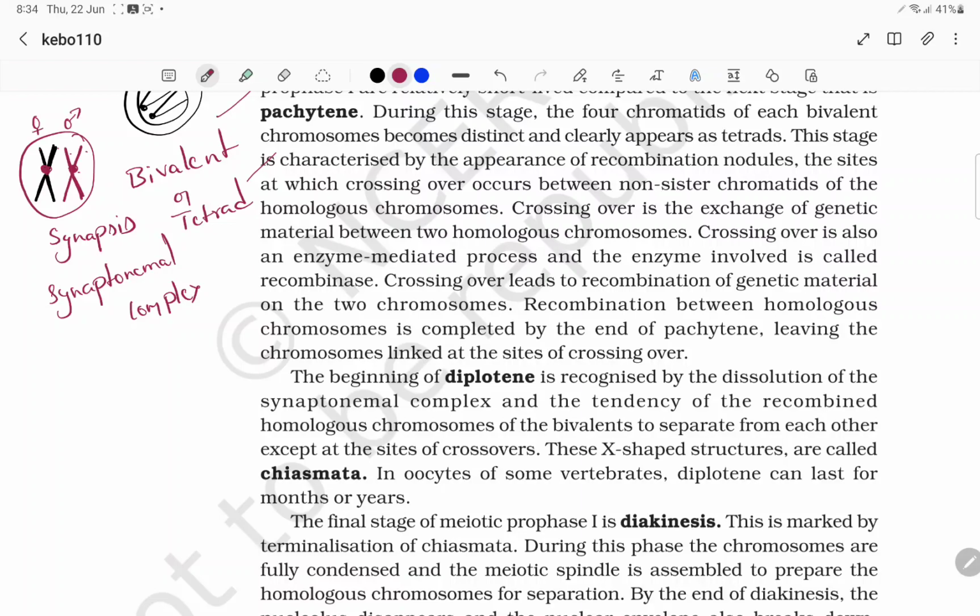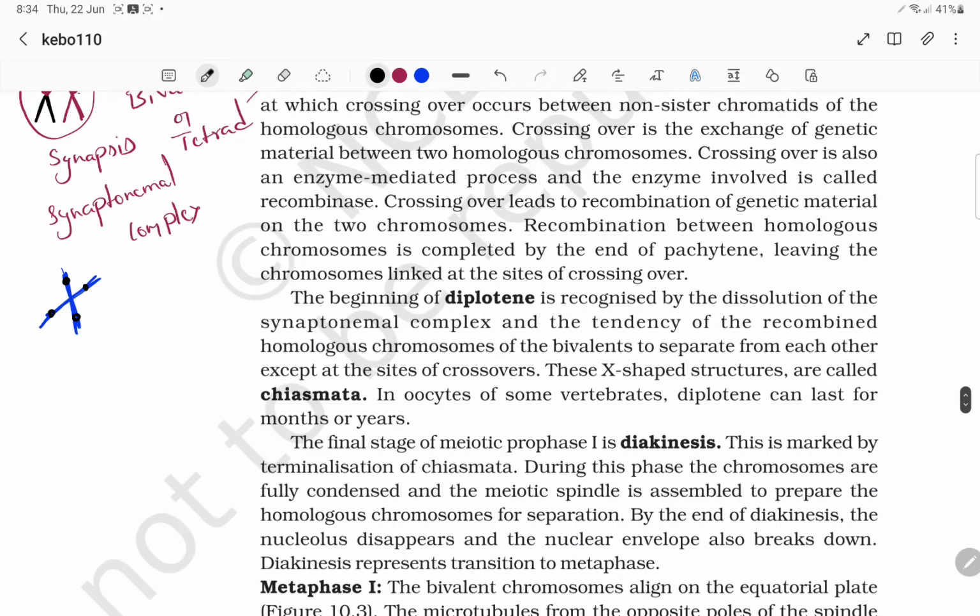This stage is characterized by the presence of recombination nodules, the sites at which crossing over occurs between non-sister chromatids. The relationship between this chromatid and this chromatid is non-sister chromatids.